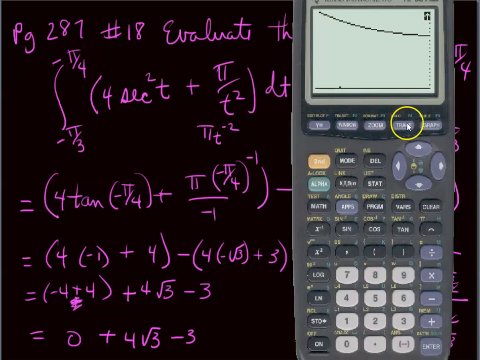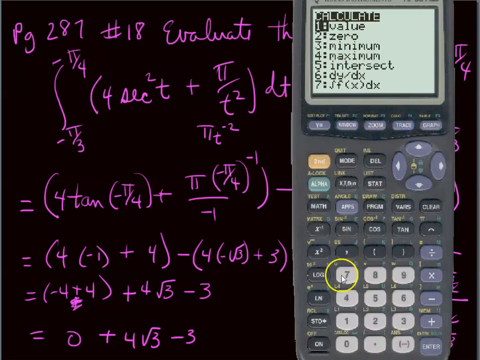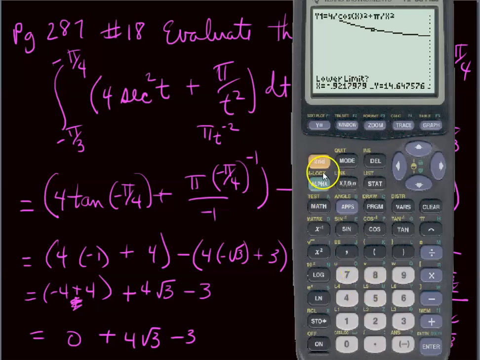Second calc, number 7, the lower limit is a negative pi over 3, the upper limit is a negative pi over 4.